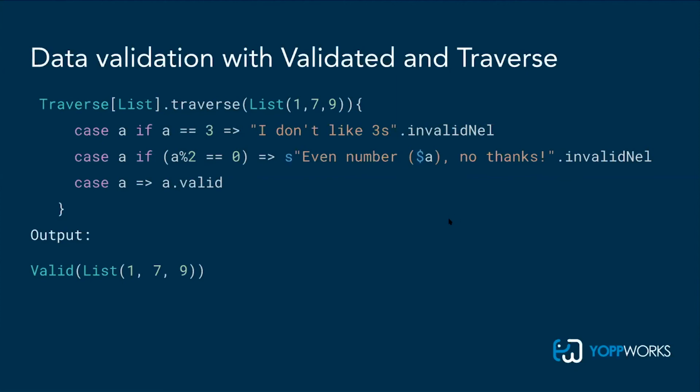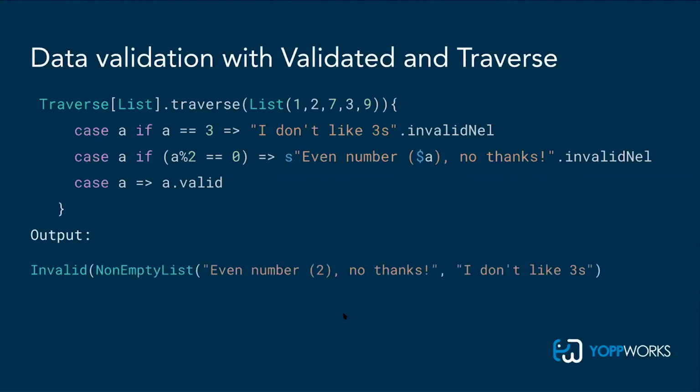So in our case, when things succeed, we get a valid list. But when things fail, we actually get a list of all the failures. So this is a great example of how, if you want to change the behavior of the program, you just change the data type. And you can use traverse in both cases and applicative.